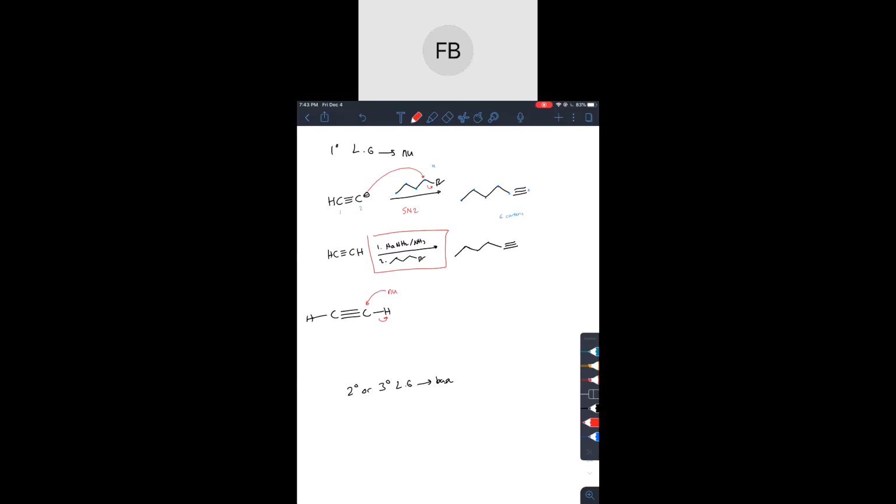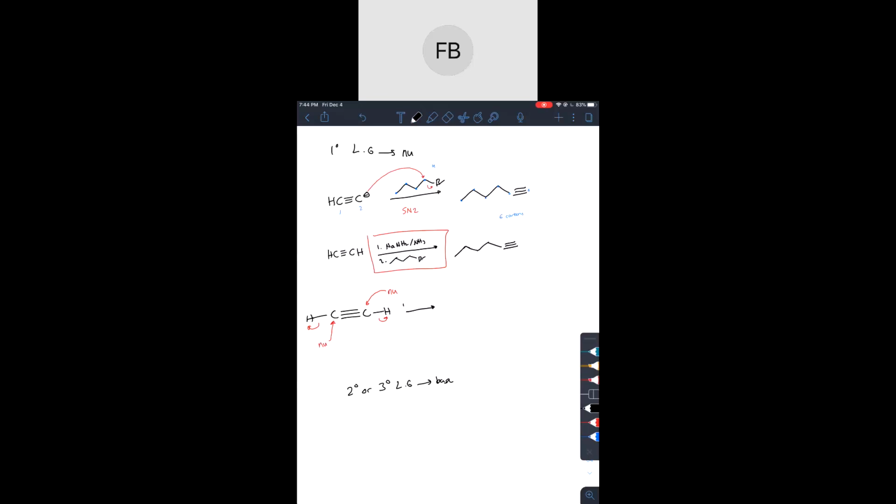And then you could remove this hydrogen as well and substitute a nucleophile on. So if you have just a triple bond with nothing on either side, there's the possibility for 2 substitutions, one on either side.